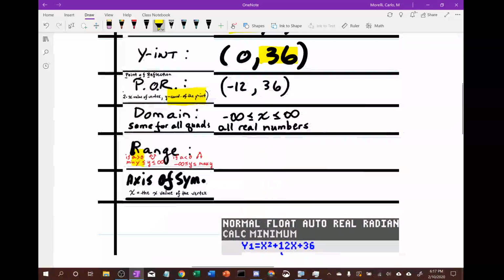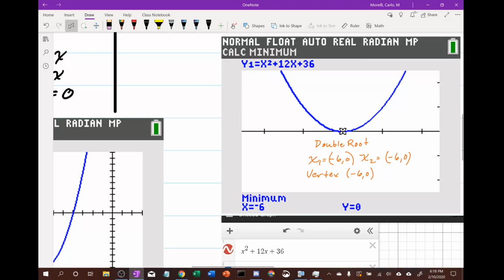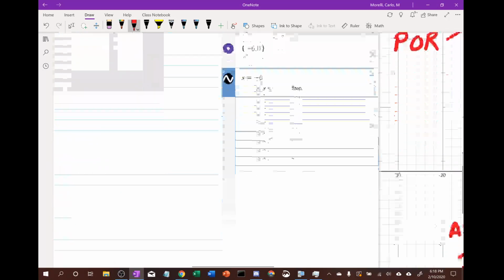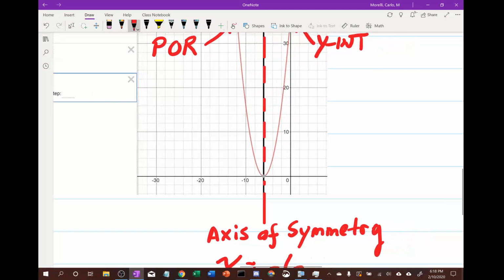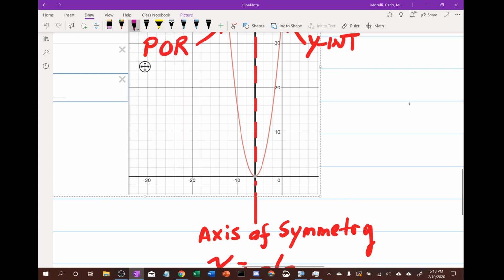So in that case, we're going to use the y coordinate of the vertex, which is the bottom of the graph, right? That's this point right here. That's the minimum of the graph.